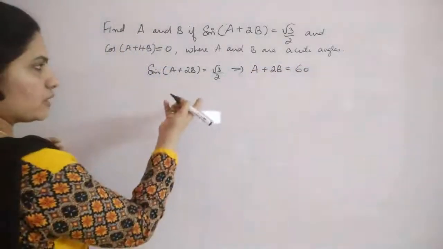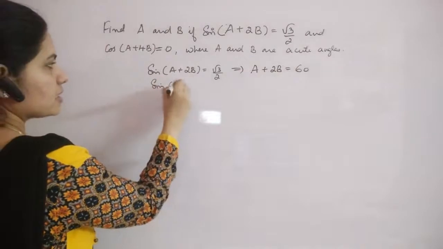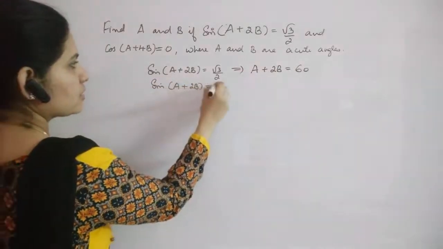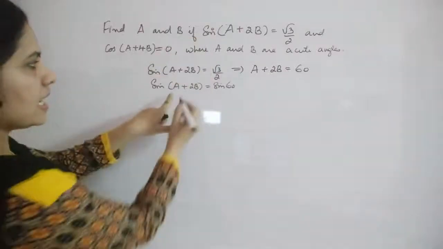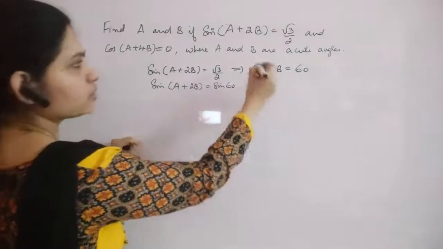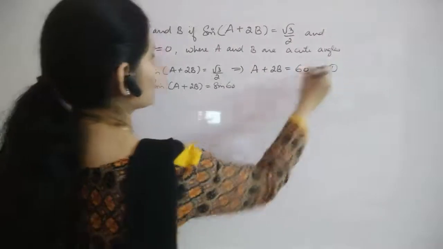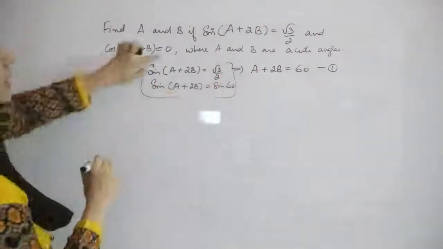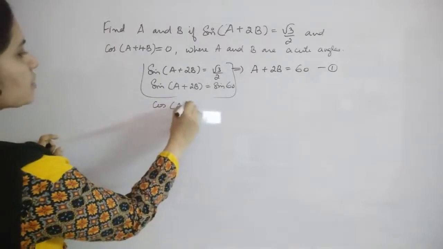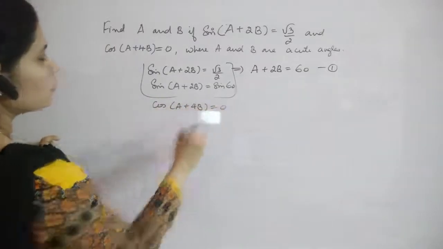If you want, you can include one more step: sine of A plus 2B is equal to sine 60. You can just replace root 3 by 2 with sine 60 and then compare. That will give you this one equation. Okay, this is your first equation. The other thing is cos of A plus 4B is equal to 0.